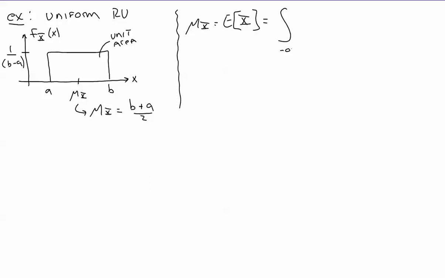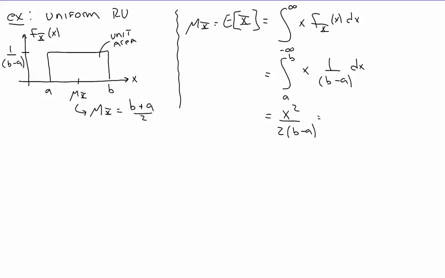the integral from minus infinity to infinity of x times the probability density function of x. In this case, it's going to be an integral from a to b of x times 1 over b minus a. And this equals x squared over 2 times b minus a, which equals b squared minus a squared over 2 times b minus a.